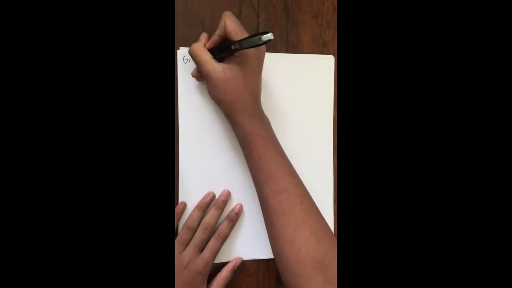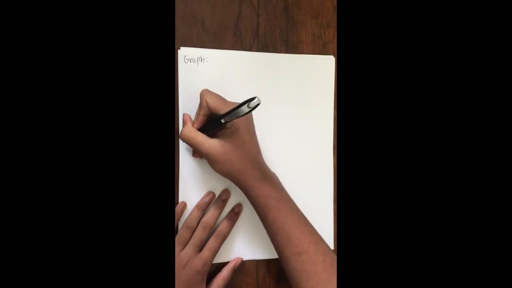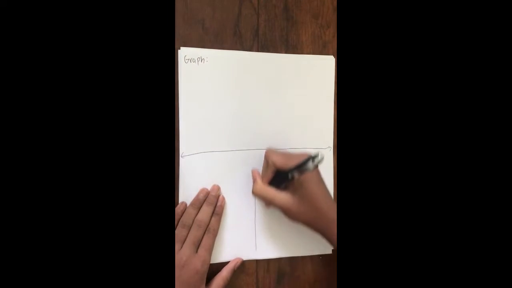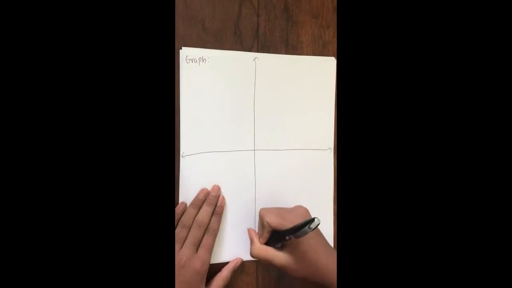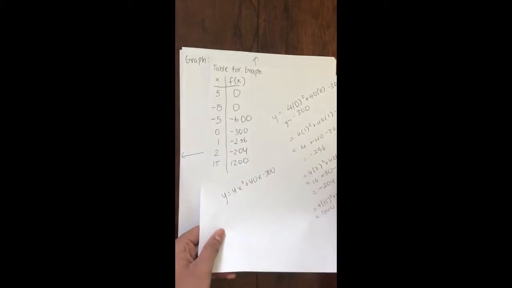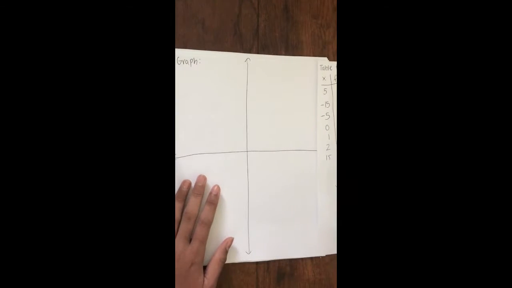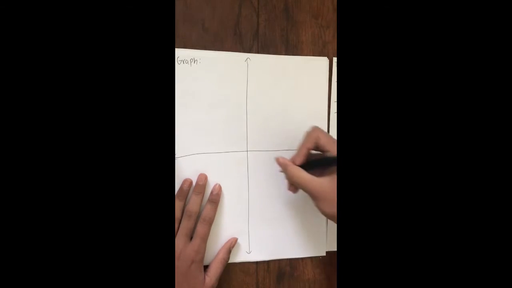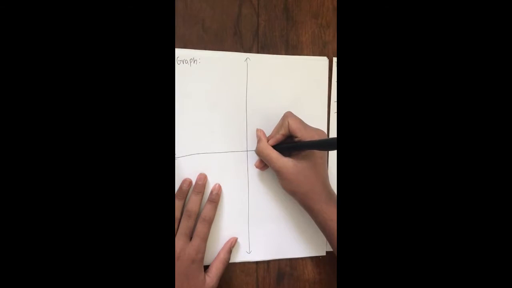So let's graph the equation. Alright, with our table for the graph here, our x values go up to 15 on both sides. So we can go in intervals of maybe 3, for example.